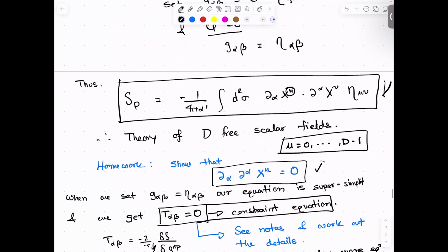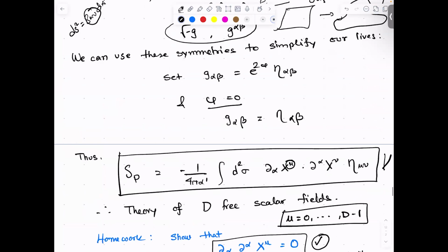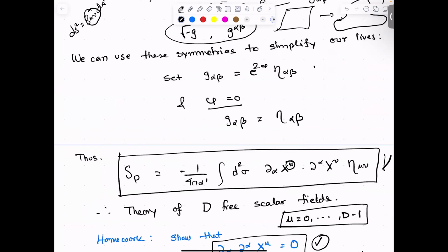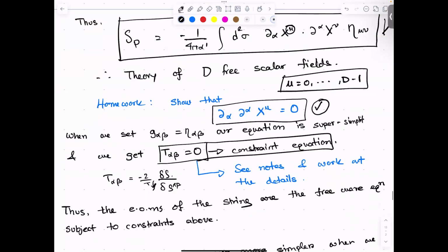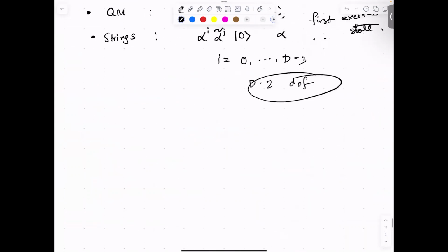When you do the quantum theory in full generality, in chapter 3 of David Tong's notes, in the section called light cone quantization, you'll see that you lose 2 degrees of freedom, or 2 degrees of freedom are fixed, where degrees of freedom means the options you have in your theory are reduced by 2 because you fixed a certain gauge. So that's why you have d minus 2 degrees of freedom.